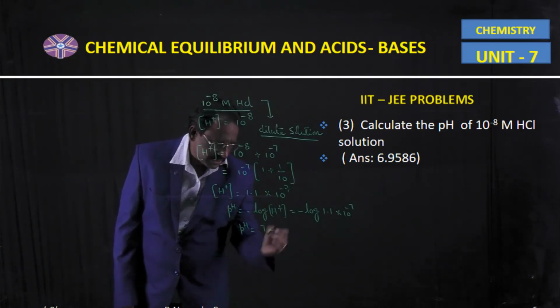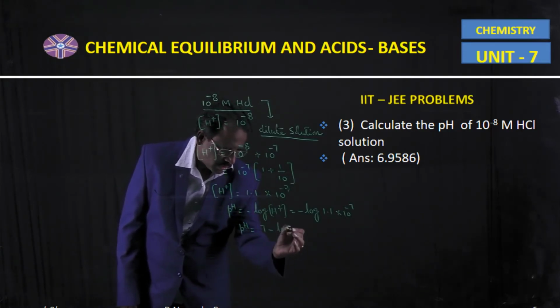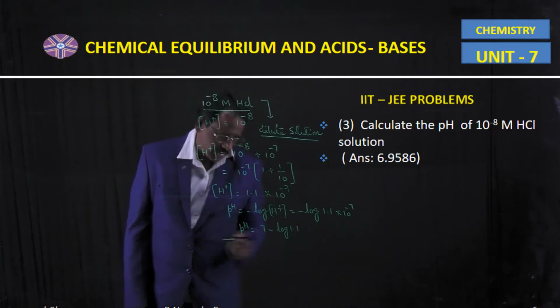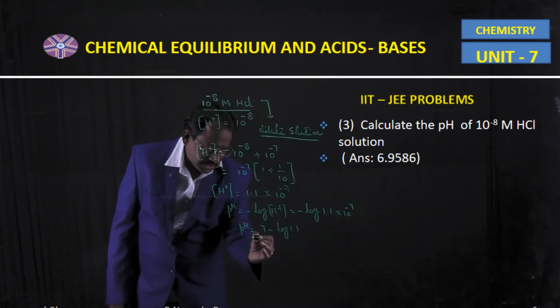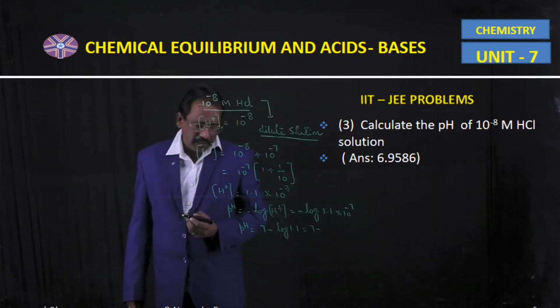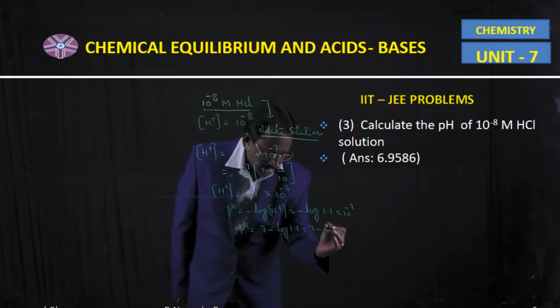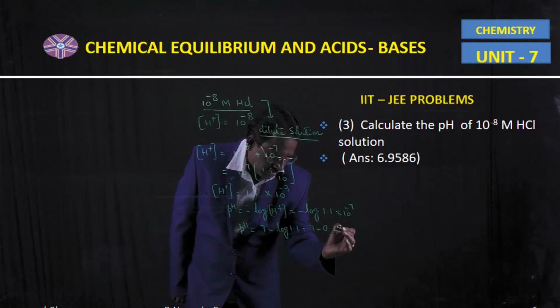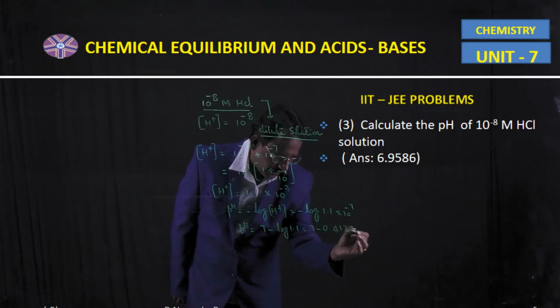So pH of the solution is equal to 7 minus log 1.1, which is equal to 7 minus 0.0414.